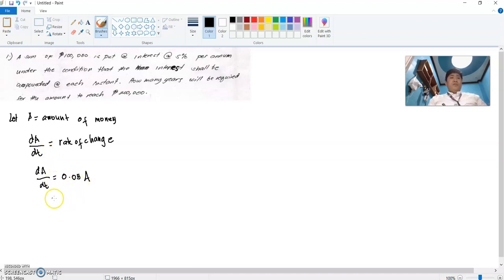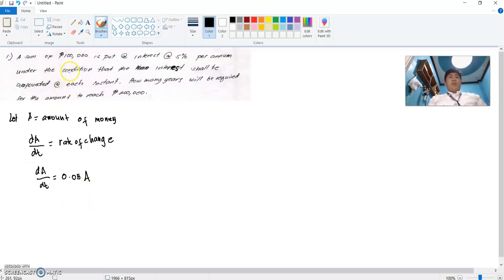So, from here, we will just derive this one to get the general solution, or the equation that we will be using as we go on, so that we can have an equation where our inputs will be substituted in order to get those values. What we are doing right now is making an equation.